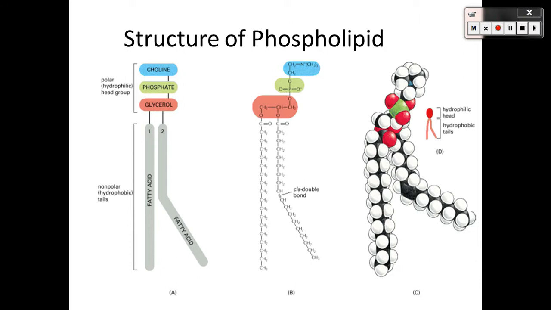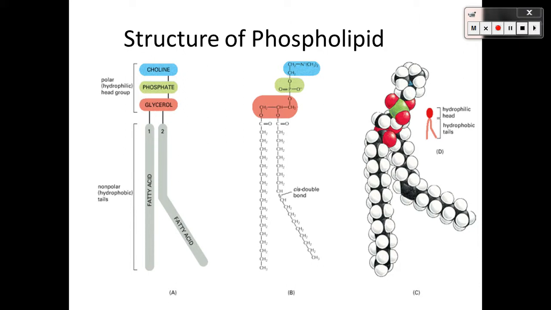So here's just another structure. Look at the phospholipid. You could see it any of these ways. They could just be kind of like gross blobs that you see on the left-hand side, where it just shows you a picture of little circles and sticks. You could get a little bit more complicated when we talk about image B. This is more of a molecular structure of it. You're not going to be responsible for drawing the molecular structure of a phospholipid.